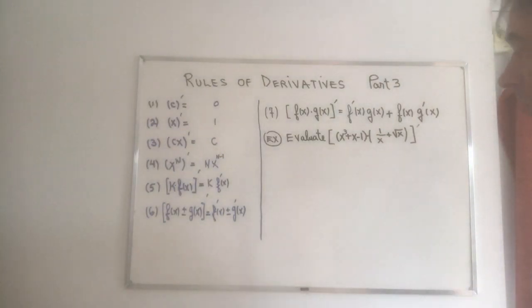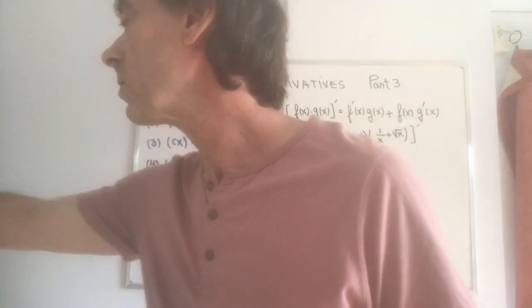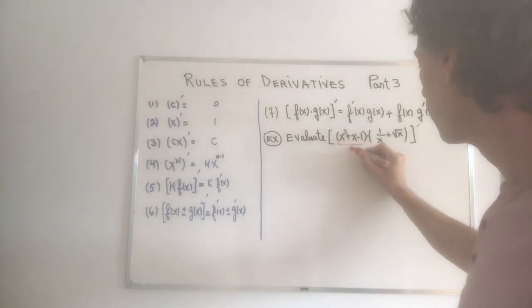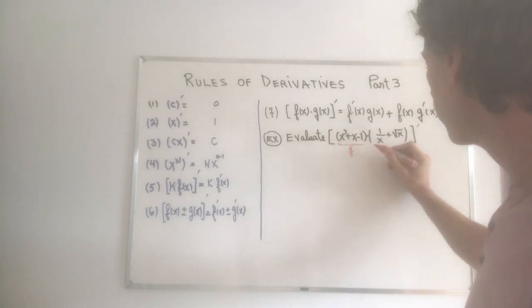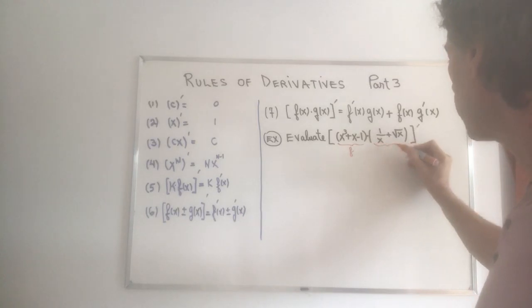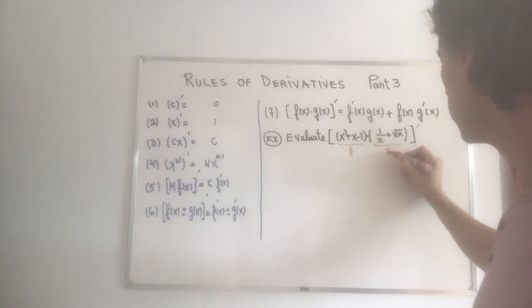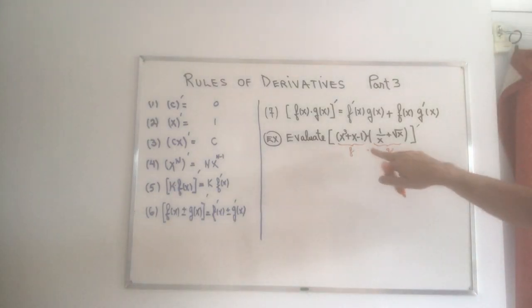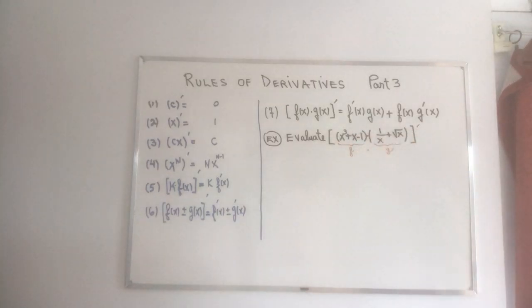All right, so what we're going to do here is identify this as our F and this other guy as our G. So as you can see, we have an F times a G. So F is x^3 plus x minus 1.